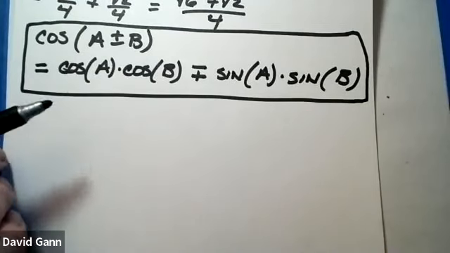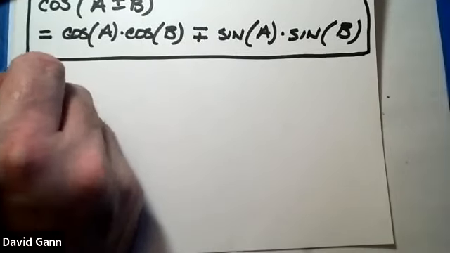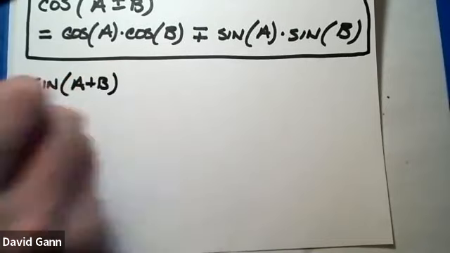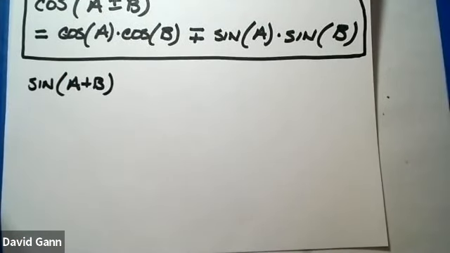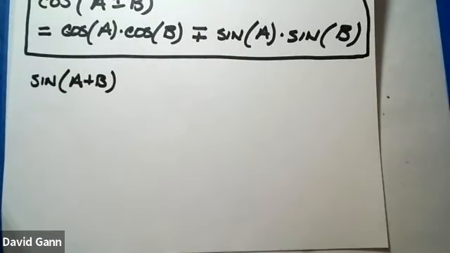Okay. I'm going to start by trying to do this for sine. So sine of a sum, okay? Well, I don't really know a formula for this, but I do know a formula for cosine of a sum. So you may recall that we had the ability previously to transform sine directly into cosine by using a cofunction identity.